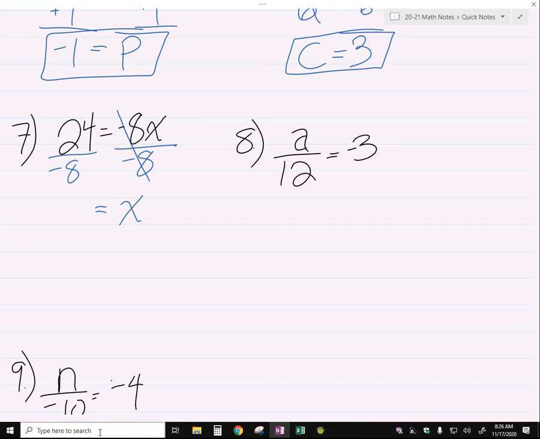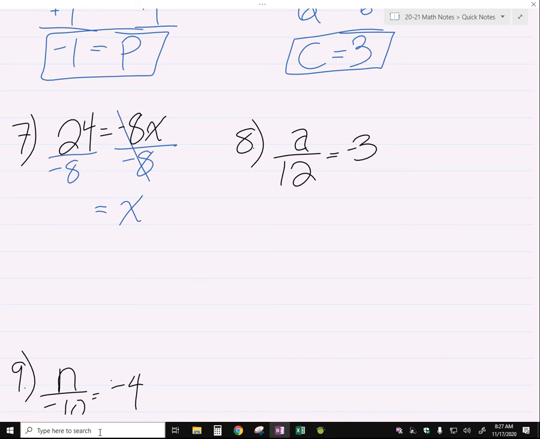Now with this one, I have a positive being divided by a negative. So my quotient for that is going to be negative. Whenever you multiply a positive and a negative, you get negative. Whenever you multiply a negative times a negative, you get positive. Remember that one?